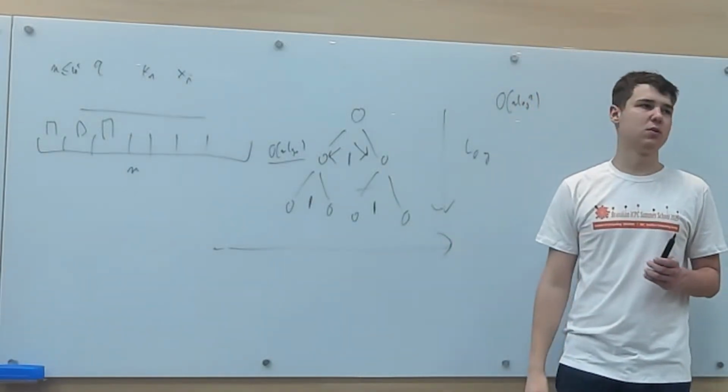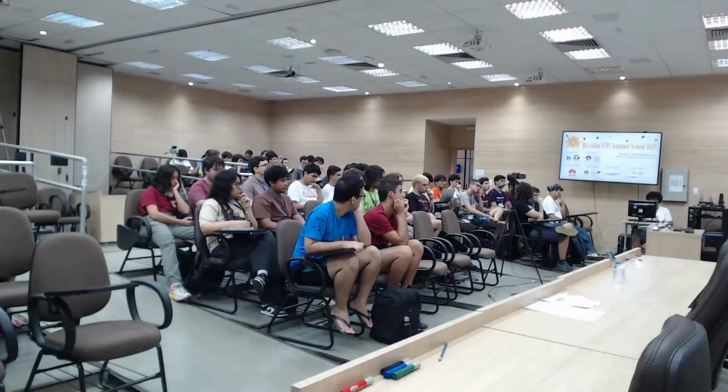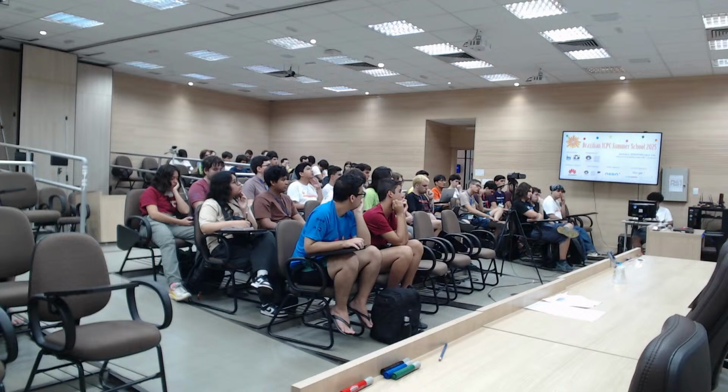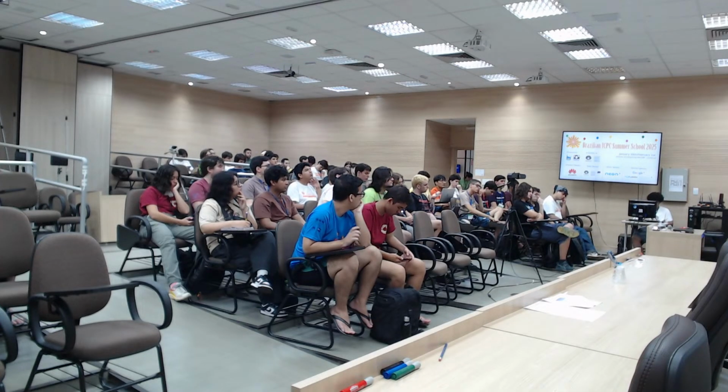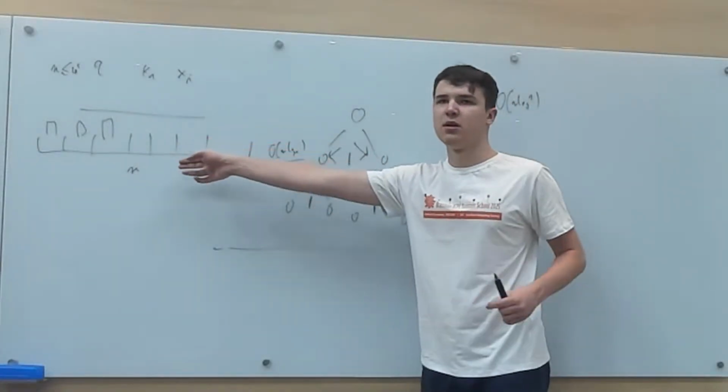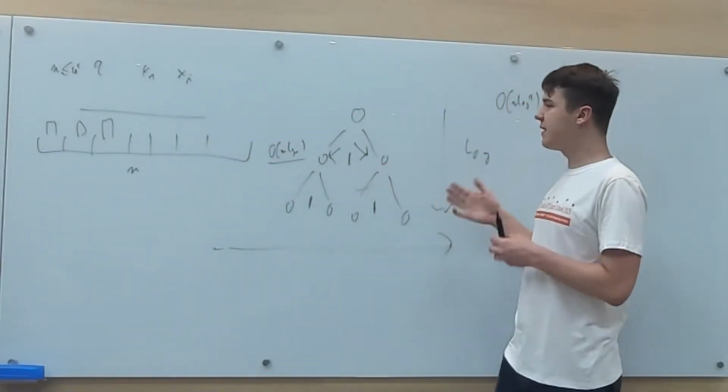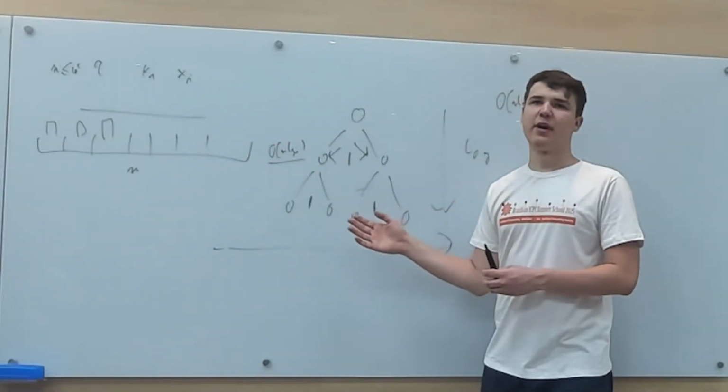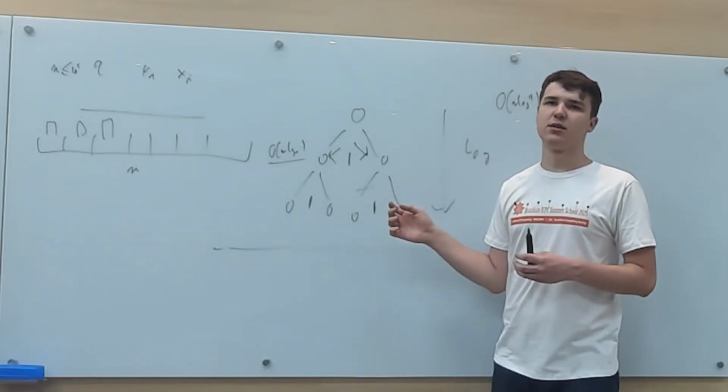Any questions? Yeah. How many points would each have? What do you mean, points? Like the countries in the segment tree, in the first half. This is just a visualization of how we perform a parallel binary search.